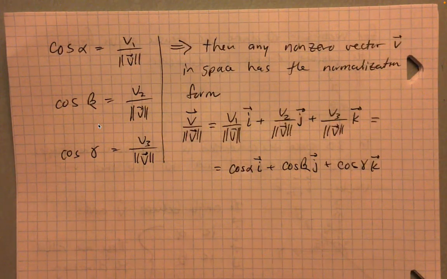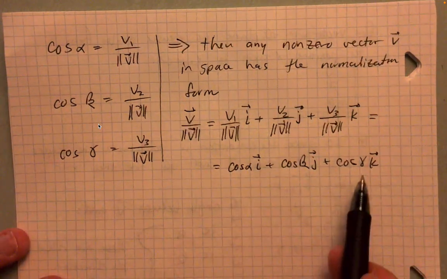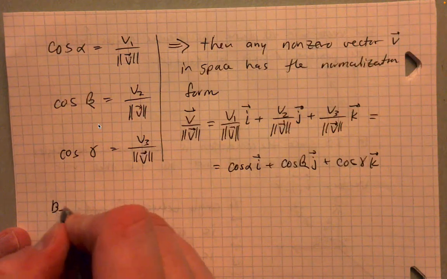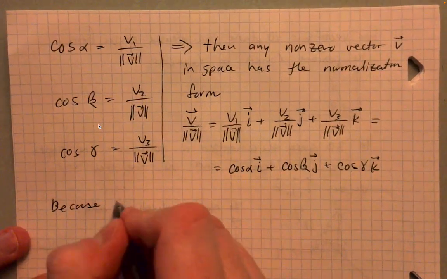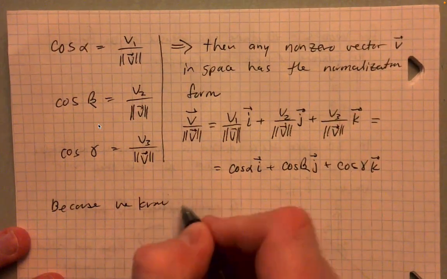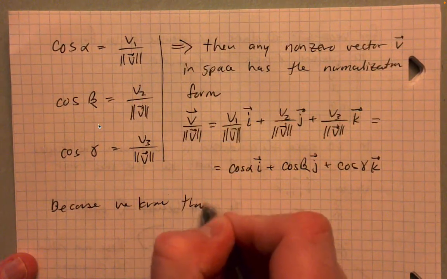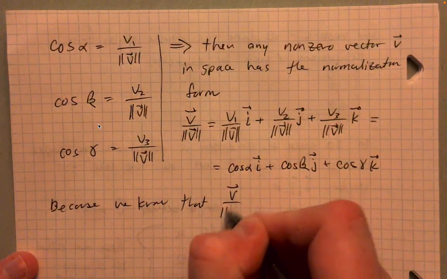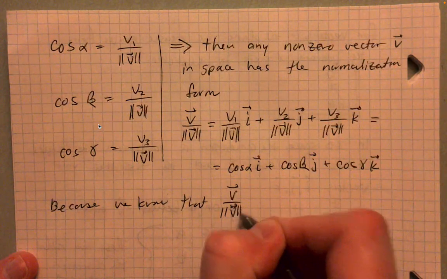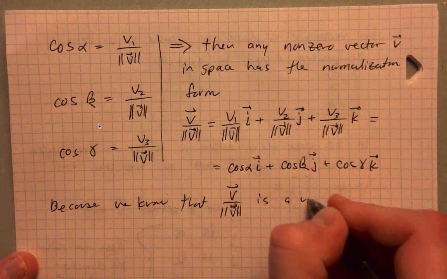Now this is a beautiful piece of it, right? We know that v divided by its norm is a unit vector.